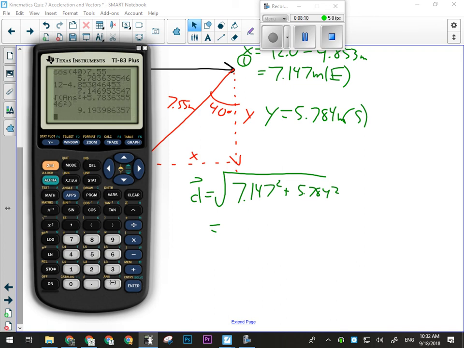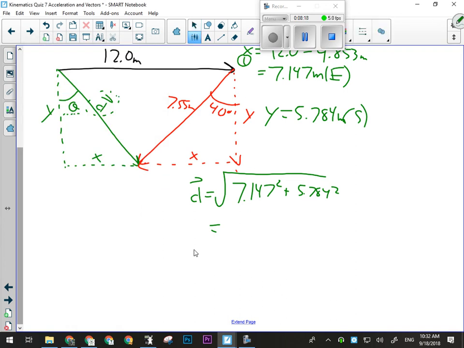Okay, so our magnitude of our displacement is 9.19 meters.